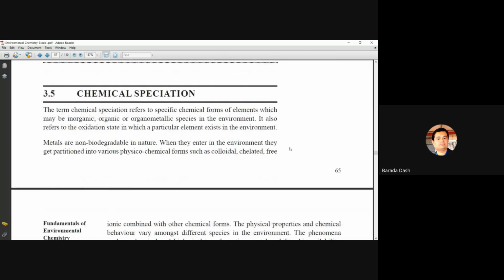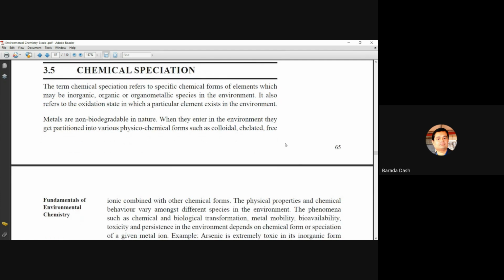Then chemical speciation. The term chemical speciation refers to the specific chemical form of elements, which may be inorganic, organic, or organometallic species in the environment. It also refers to the oxidation state in which a particular element exists in the environment. Metals are non-biodegradable in nature.